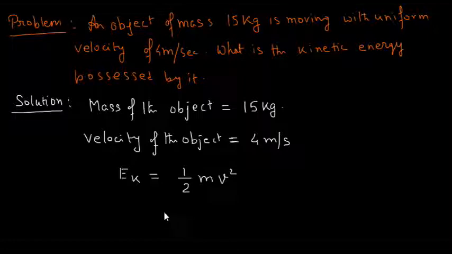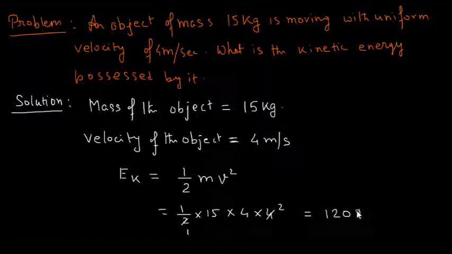square. Therefore, we can write it as half, mass is 15, multiplied by velocity square, that means 4 into 4. Here we can cancel, 2 1s are 2, 2 2s are 4. Therefore, we can write it as 120 joule.